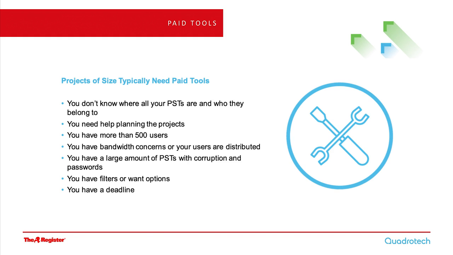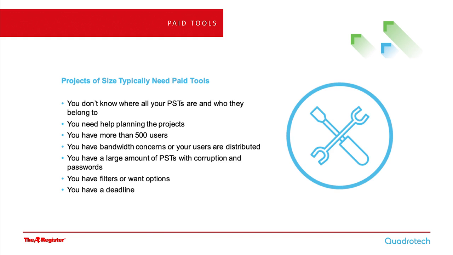Yeah. Now, paid tools. You do one of these, but there are others as well, aren't there? There are, certainly, and really when you're looking at the market, you can use some of this as a checklist for what you should look at. We pride ourselves in being the most complete solution, but certainly you're right, there are some others out there as well. When we talk about the advantages of paid tools, this is where you don't know where all your files are.